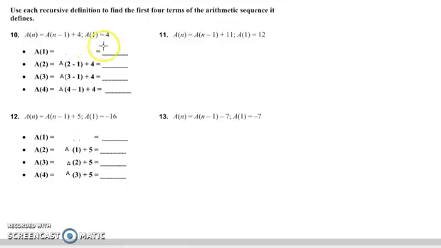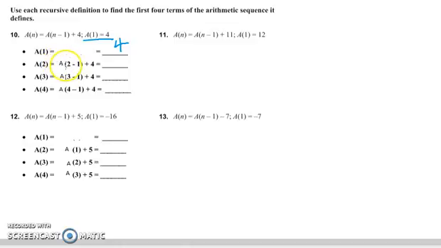The first term is by far the easiest. So A1 is given to us. It's right here. A1 is equal to 4. Doesn't get much simpler than that.